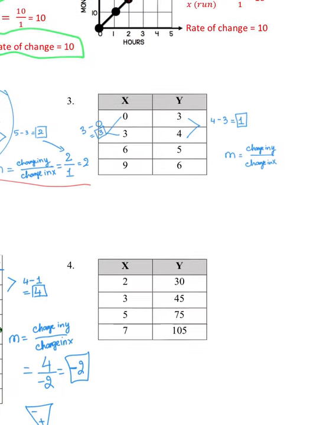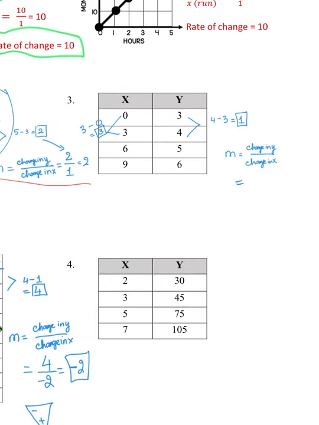Okay, so change in y is 1, change in x is 3, so I have 1/3. Keep it as a fraction. You don't need to make it to be a decimal. Leave it at 1/3.